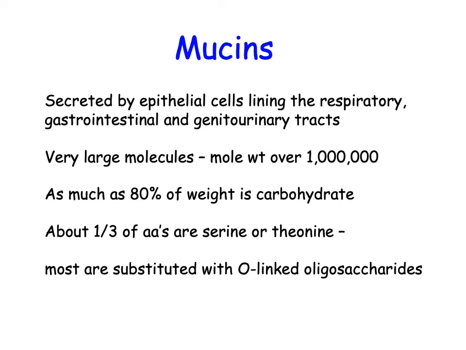Again, these are very large molecules. Molecular weight can be over 1 million. The majority of that weight is due to the carbohydrate. And about 1/3 of the amino acids on the polypeptide backbone are either serine or threonine, and most of those are substituted with O-linked oligosaccharides.